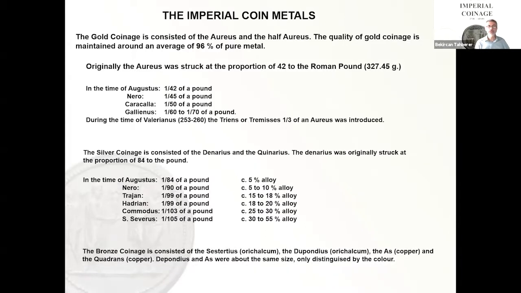And the bronze coinage consisted of the sestertius, mostly in orichalcum or brass. It's the same with the dupondius, and the as being copper, and then quadrans being copper. The dupondius and as were about the same size, only distinguished by the color of the metal.